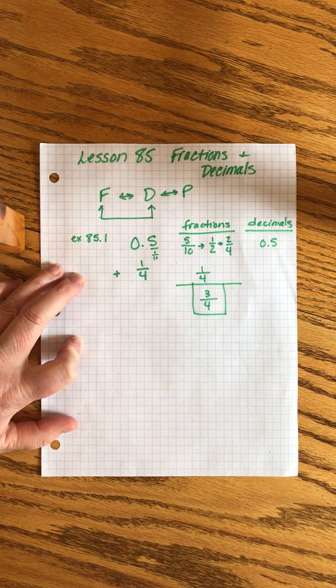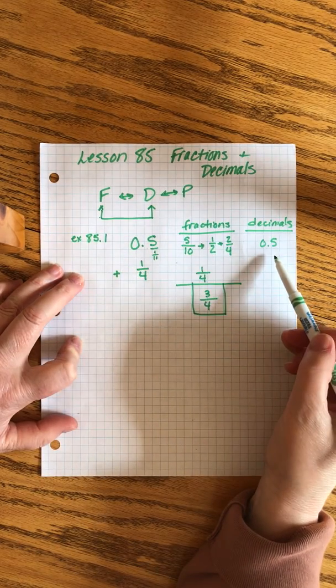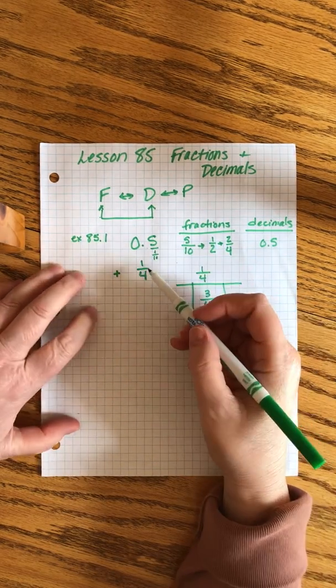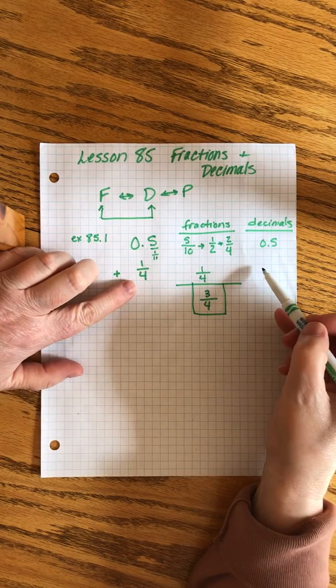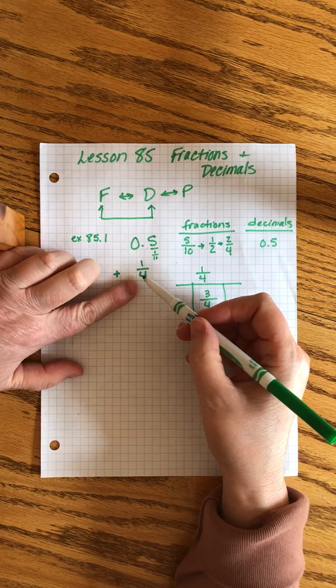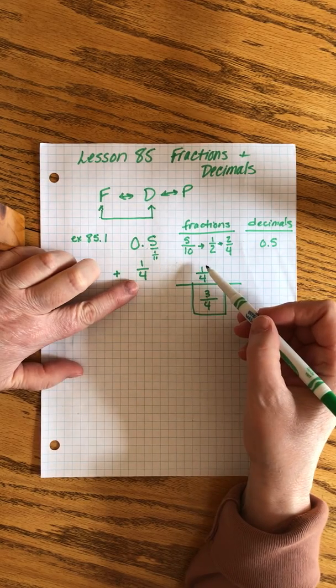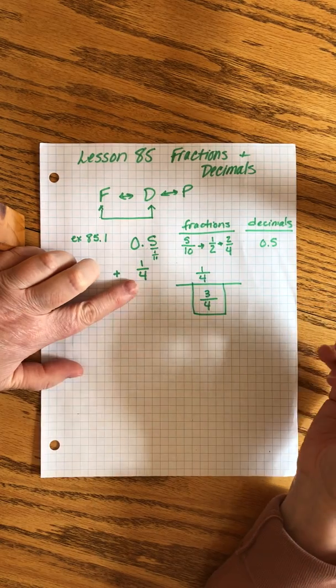Okay, cool. Now we're trying to work it in decimals, the very same problem. Now that means I have to change 1/4 into a decimal number. I know that if I can get my denominator to equal 10, 100, 1000, something like that, then it's easy to switch it to a decimal.